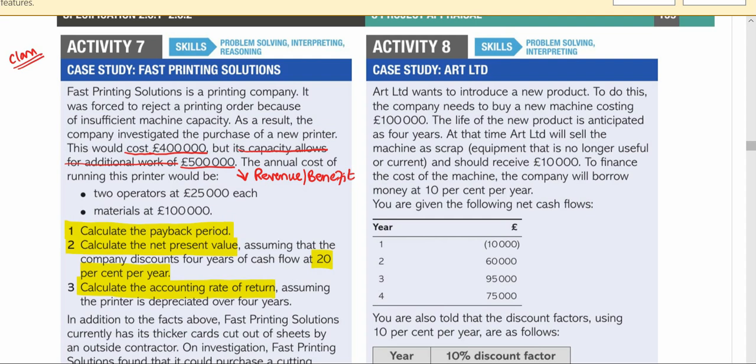Now we are going to calculate the annual revenue, or you can say the annual benefit, by running the printer.